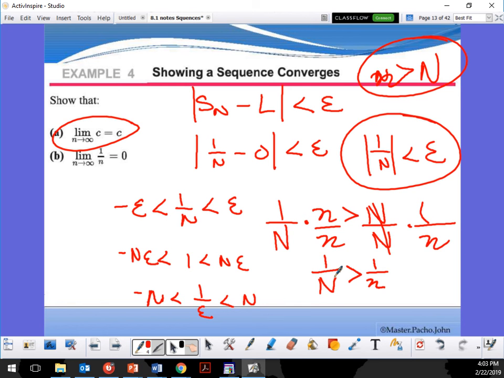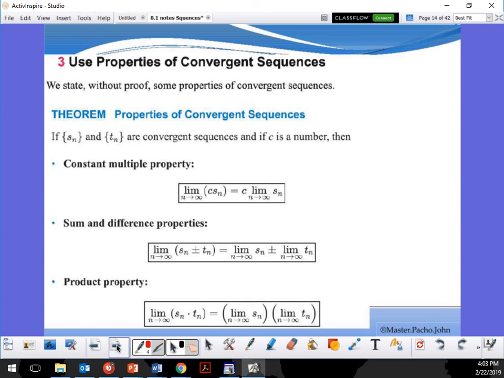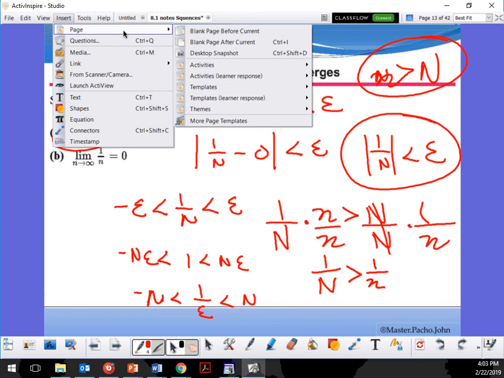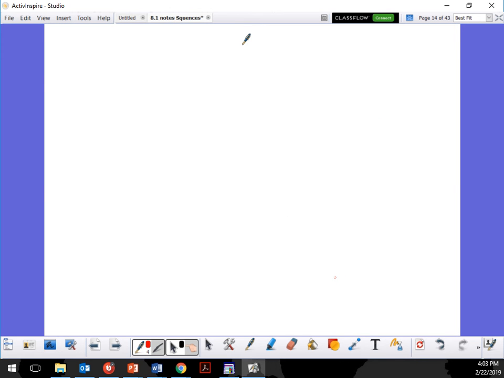So I have now changed it because bigger numbers are smaller fractions. Yes? Bigger numbers are smaller fractions. So now I could rewrite this, and I'm going to get smaller fractions.